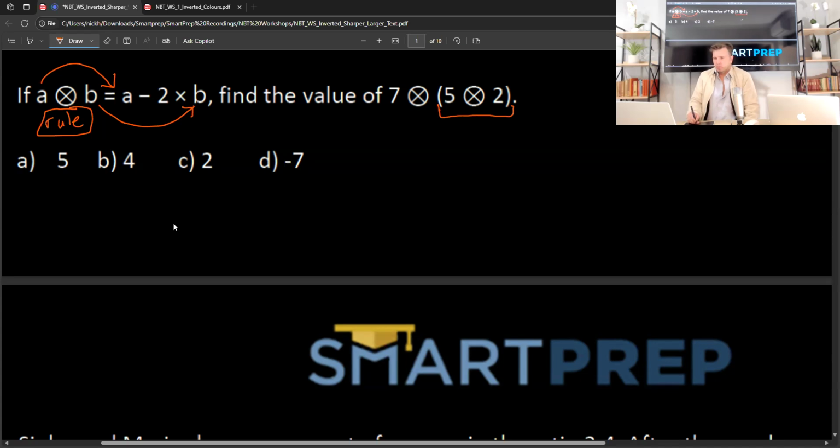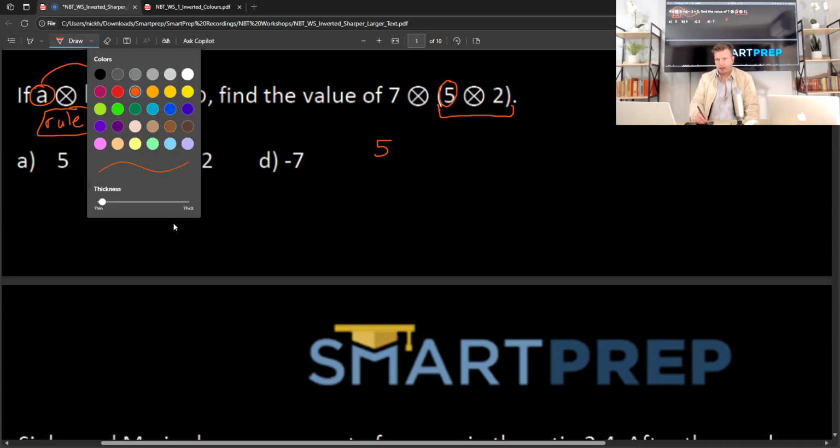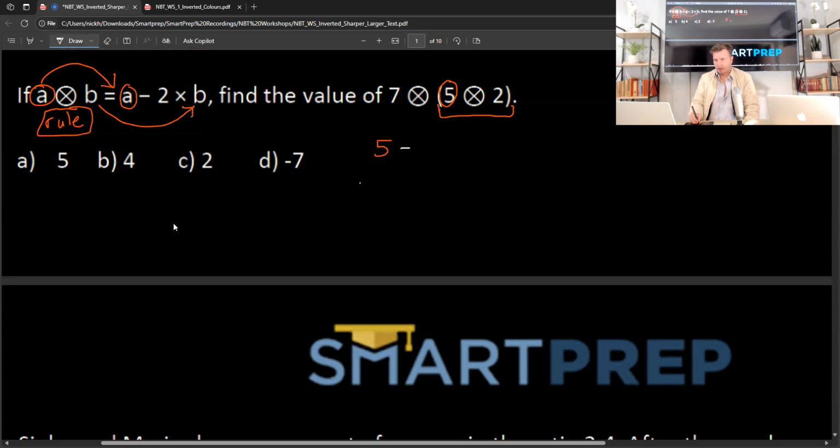So what we have to do is just, first of all, solve this 5, 2 scenario. Okay, so do you see that our a in this case, I'm going to circle a in orange, is over here. So our a is 5. So I can write it as 5. Then I'm going to put the rest in white because I don't have to do anything.